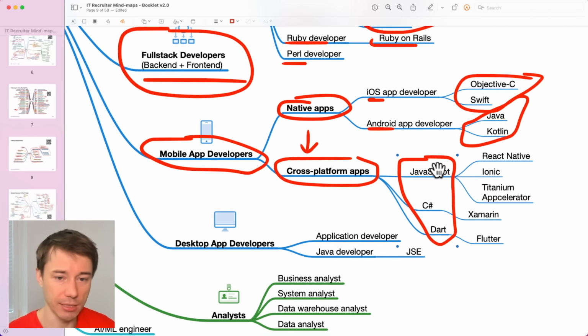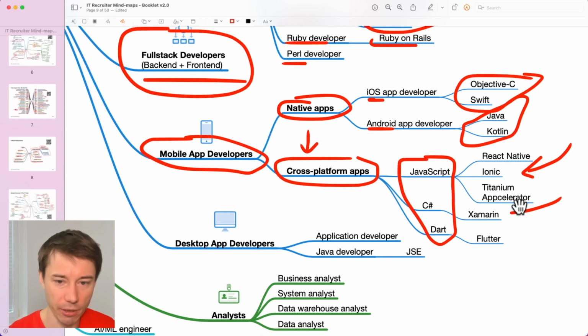Well, it literally means that you are not looking for an iOS or Android native application developer, but it means that you are looking for someone who can use either React Native or Ionic or Xamarin. So some of these frameworks are written in C# or in JavaScript.